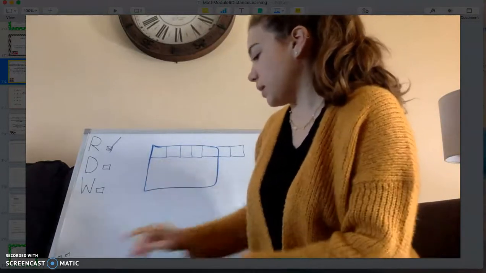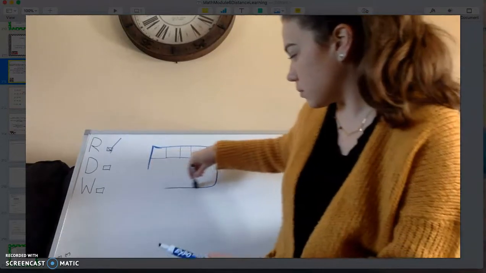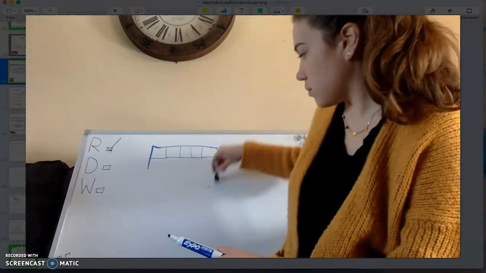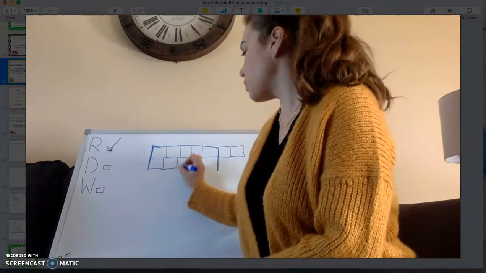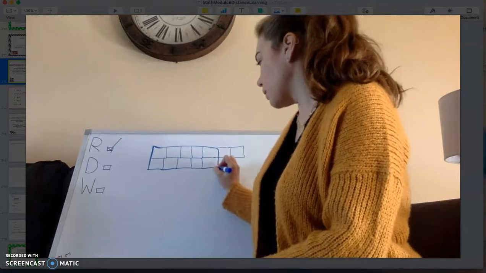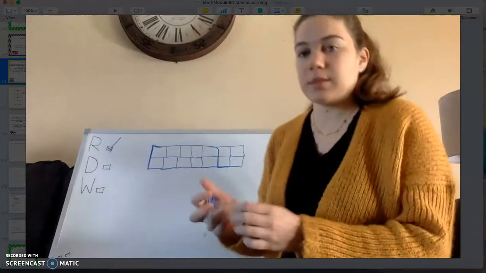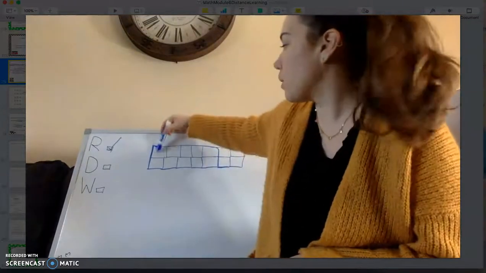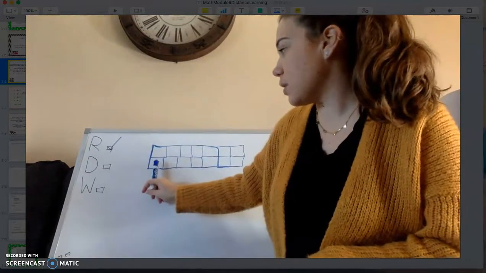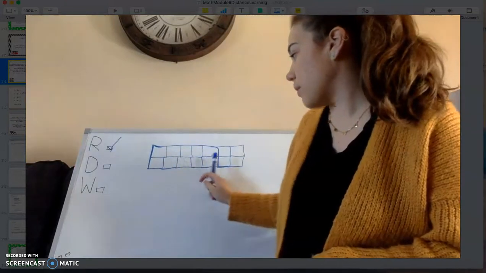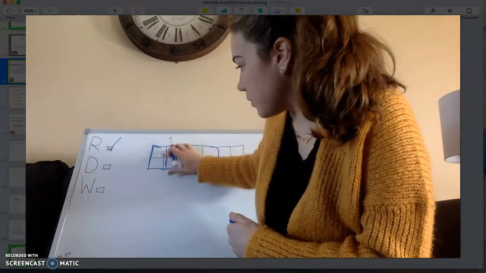Now on this side, we're going to make this a little smaller. There are 1, 2, 3, 4, 5, 6, 7. So let's check to make sure we have 7 on each side. 1, 2, 3, 4, 5, 6, 7. Let's check this side. 1, 2, 3, 4, 5, 6, 7. All right. Very nice job. Let me just fix this up a little bit.